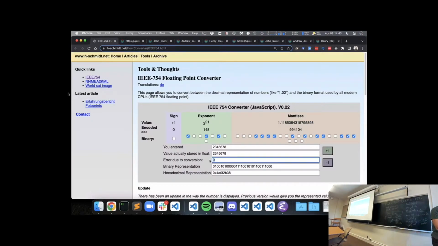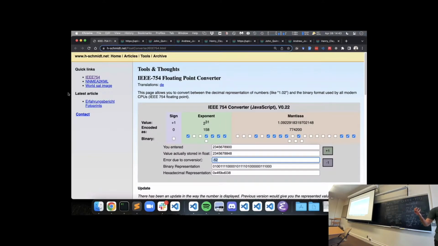It turns out that I can represent this number exactly. There's no error in taking the real number 2,345,000 into a floating point. But as I get bigger, I start not being able to represent the number accurately. And you can see that the closest I can get to this number somewhere above 2 billion is within 52.